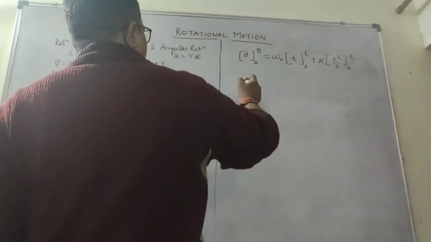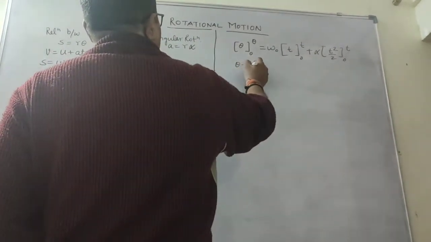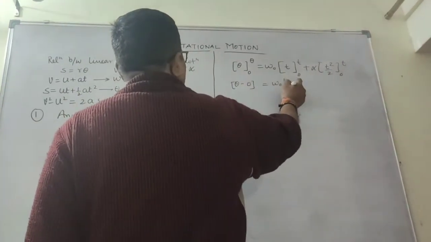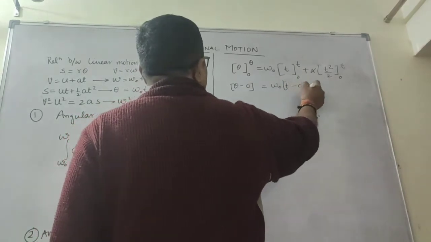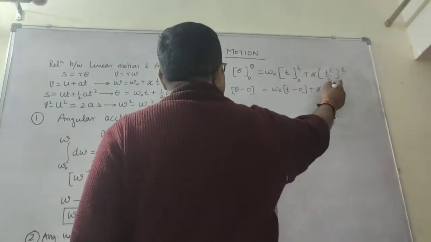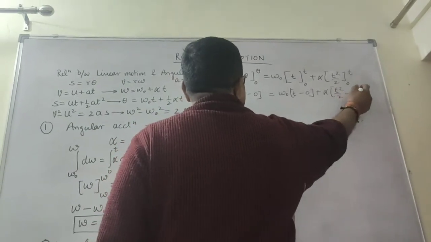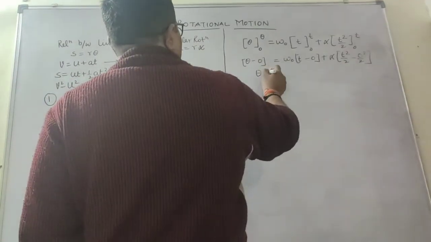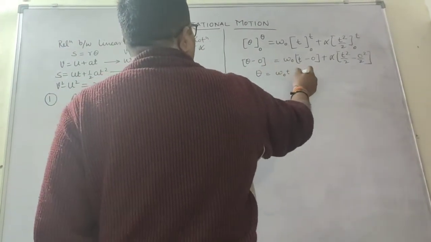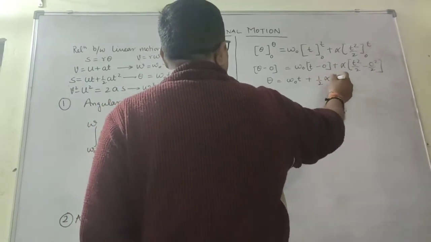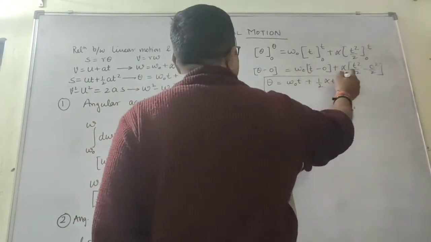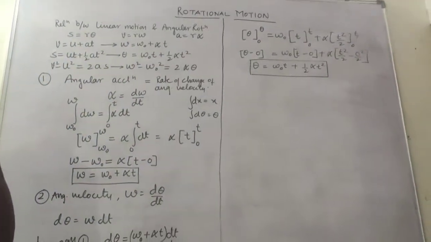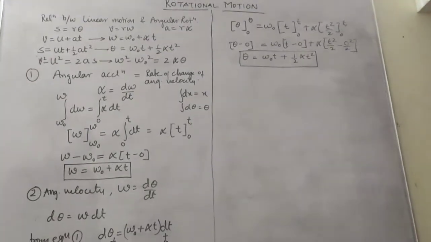Now theta minus 0, upper limit minus lower limit, omega naught t minus 0, plus alpha, t square by 2 minus 0 square by 2. Now solving it, theta is equal to omega naught t plus half alpha t square. This is the equation of motion for angular displacement.